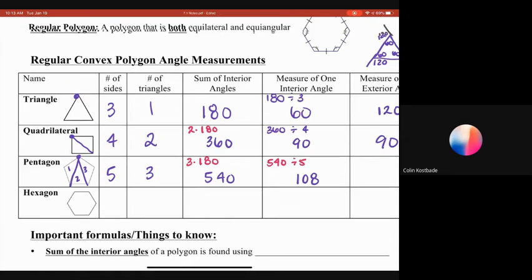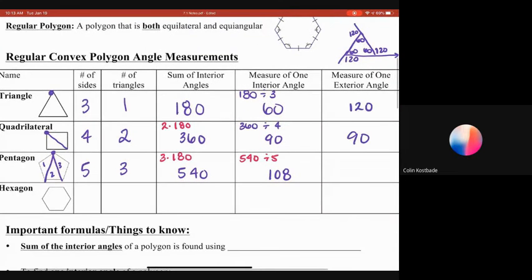Okay. Now, how could I use 108 to find the measure of one of my exterior angles? What could I do? The interior and the exterior are always what? Supplementary.